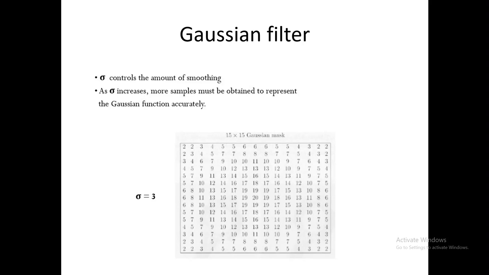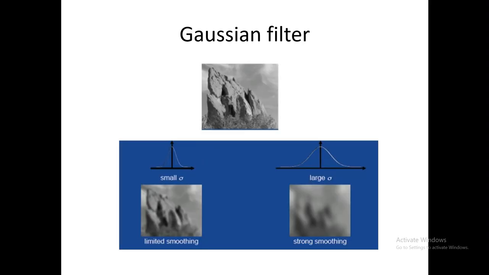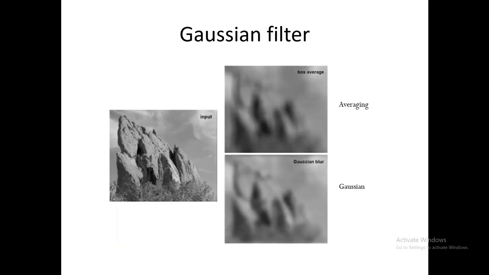Here this is a 15 by 15 Gaussian mask, and let's see the small sigma and the larger sigma. With the small sigma it creates limited smoothing, while with the larger sigma it creates strong smoothing.